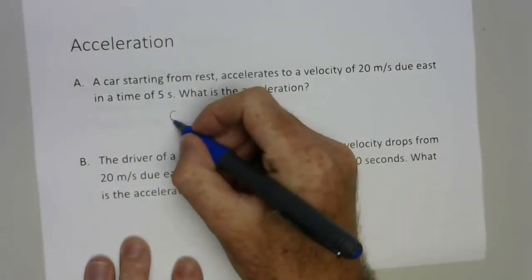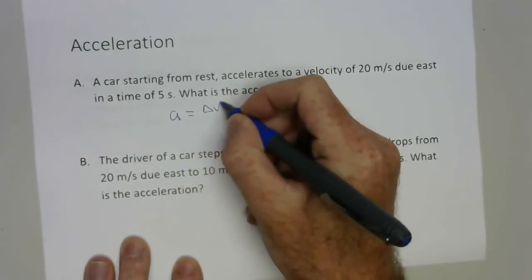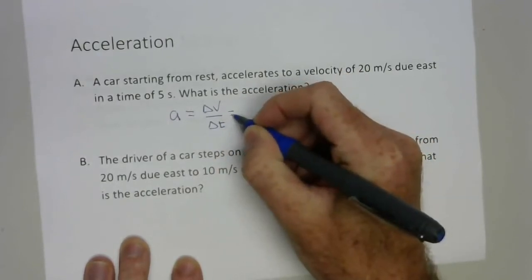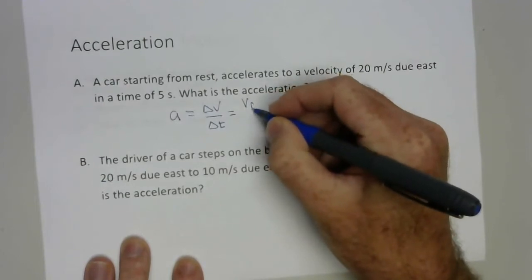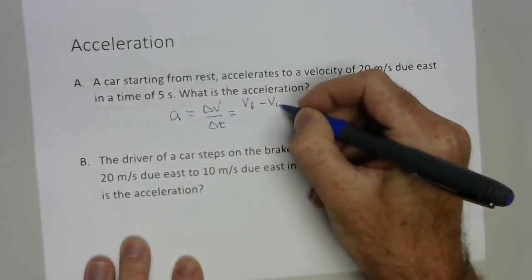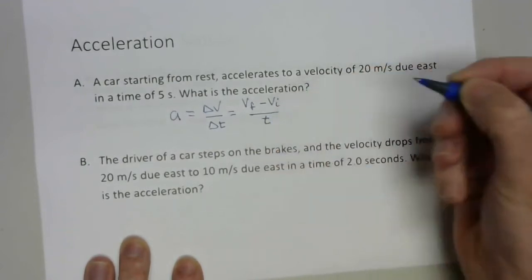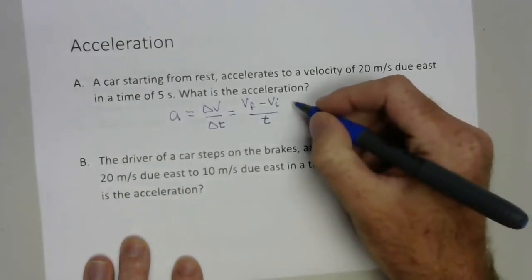So the acceleration is equal to the change in the velocity over the change in the time. That's the final velocity minus the initial velocity over the time it took to accelerate. Then we just plug in the initial and the final.